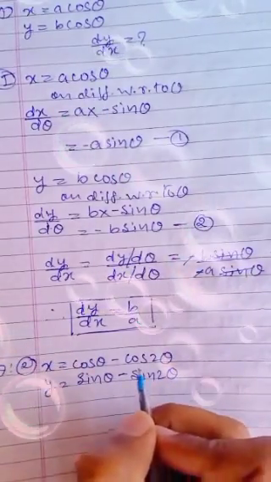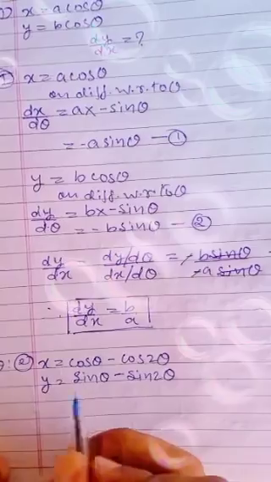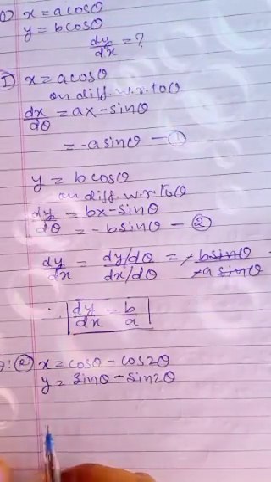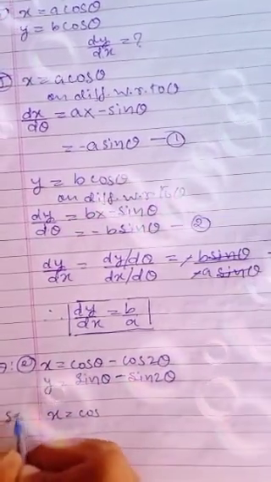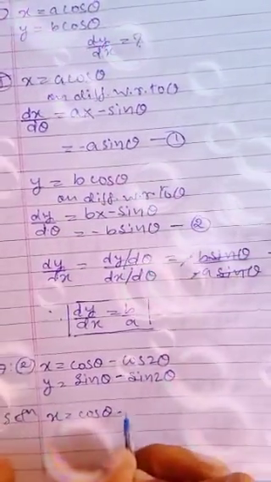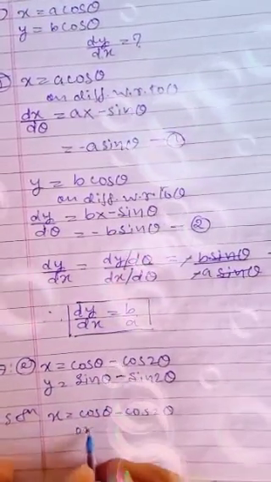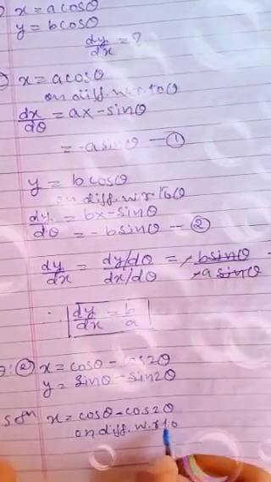Now we are going to solve this example, again using the same method as in the first question. So take x is equal to cos theta minus cos 2 theta. Now differentiate with respect to theta.